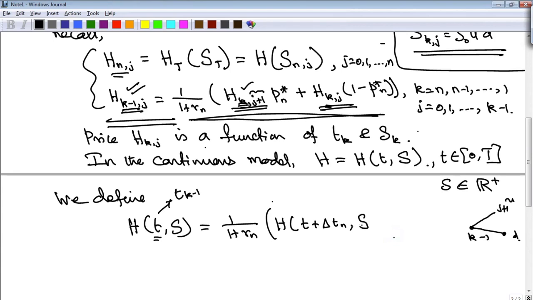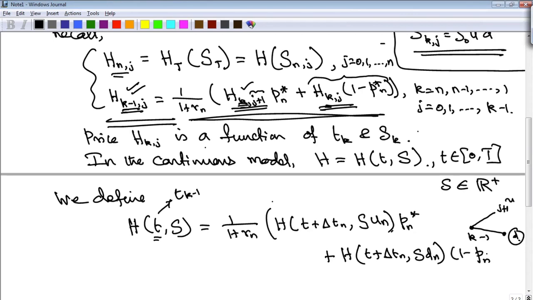Therefore, I will write this as h(t + Δt_n, s u_n), and that happens with probability p_n star, plus this term h(t + Δt_n, s d_n), where t means t_{k-1}, therefore t_k means it is plus delta t_n, and that corresponds to s times d_n, with probability 1 minus p_n star.